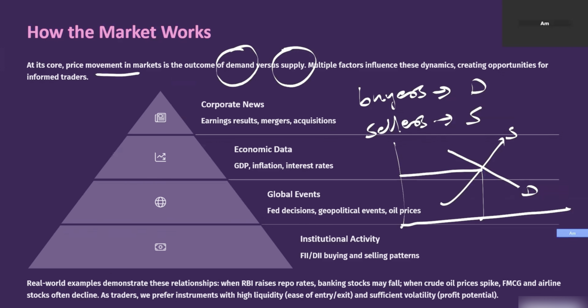This is the equilibrium point. The y-axis is the price and the x-axis is the quantity demanded and supplied. So buyers meet sellers at one point, and you get the equilibrium price. At this price, this much quantity gets traded. So what is that point? The equilibrium point based on demand and supply.